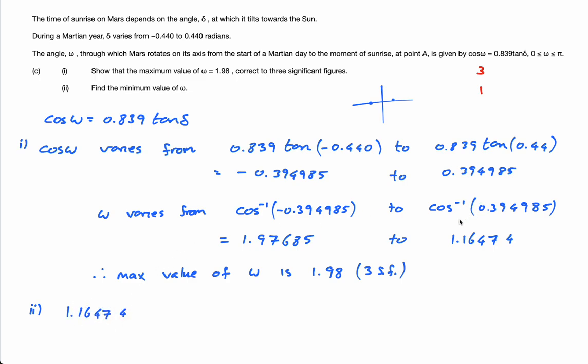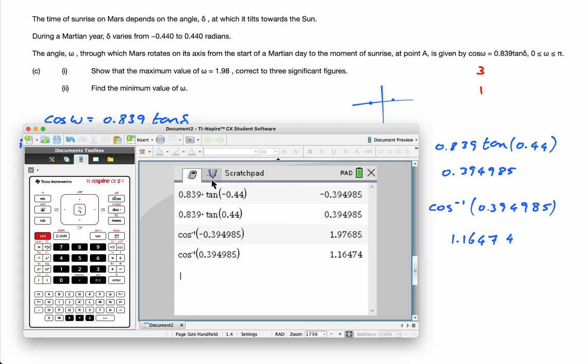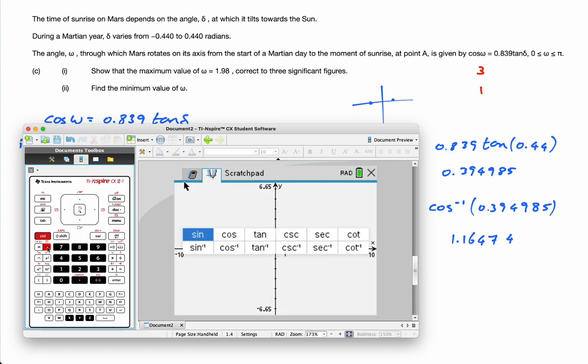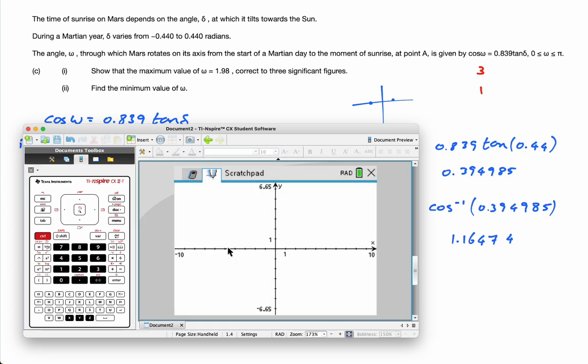1.16474. Now you could ask, well, hang on, how do you know there's nothing in between, that there's no bigger or smaller value of omega in between the negative 0.394 and 0.394? But if you were to sketch the arc cos function, arc cos x, you get this.